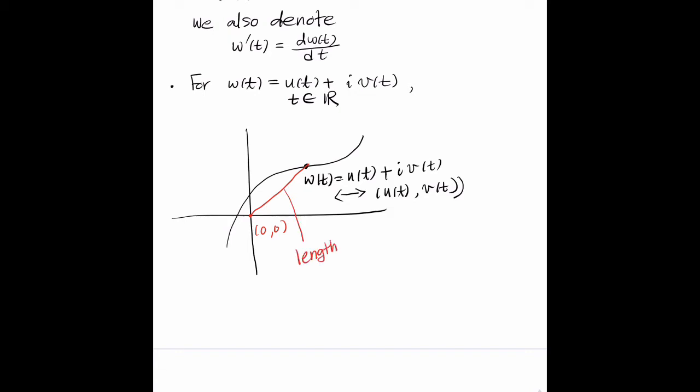In calculus, you learned the length is just the square root of u(t) squared plus v(t) squared, right? So you understand this: you consider the complex number as a point in the plane R2.